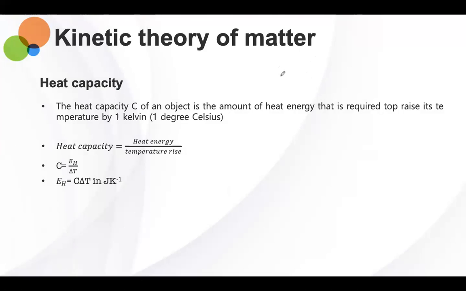For heat capacity, you won't necessarily need to convert, but as we move on to gas laws and further into thermal physics, you'd have to change it to Kelvin. Now, to convert degrees Celsius to Kelvin, you have to add 273.